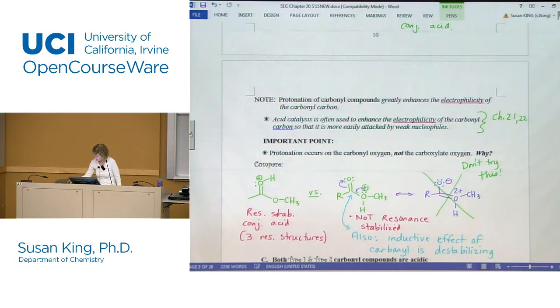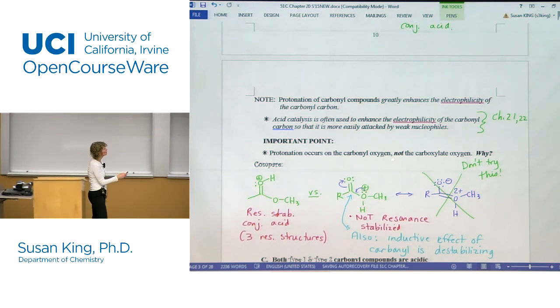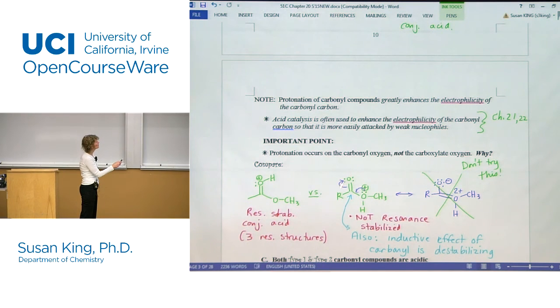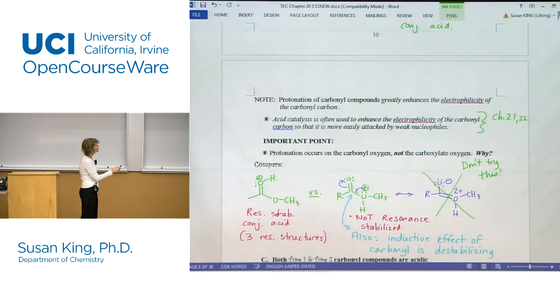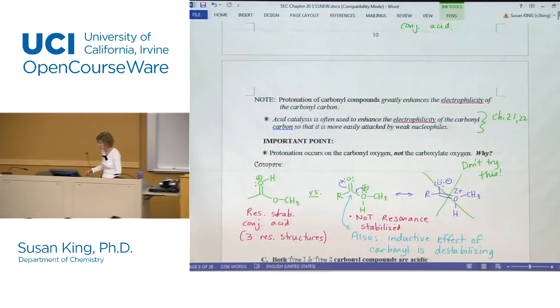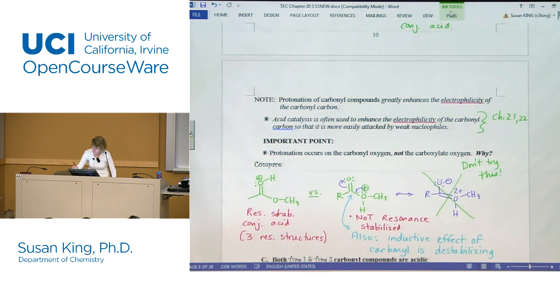We're used to seeing inductive effect being stabilizing, but it can be destabilizing. If this is an electron withdrawing group pulling electron density away, this oxygen's positively charged, so it's going to make it more positive. When you have a positive charge, inductive effect is destabilizing. We have electrons pulling towards the carbonyl, which is going to make that less stable. So for all of those reasons, we see protonation on the carbonyl oxygen, not the other oxygen.